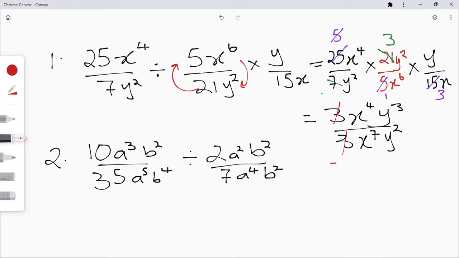So we're going to have x to the power negative 3. 3 minus 2 for the y's, that's y. And remember, whenever we have a negative exponent, we take its reciprocal. So we have 1 over x to the power 3, times y. So our answer is y over x cubed.